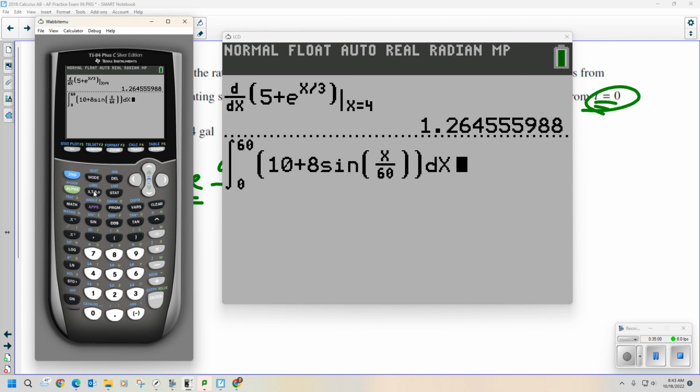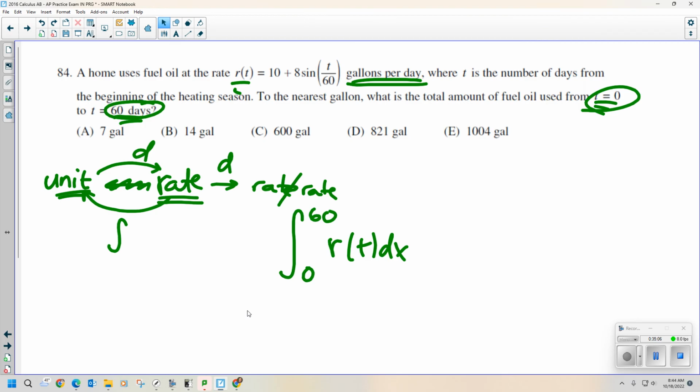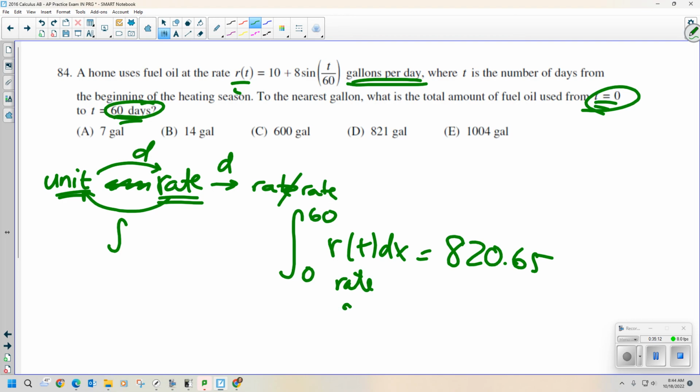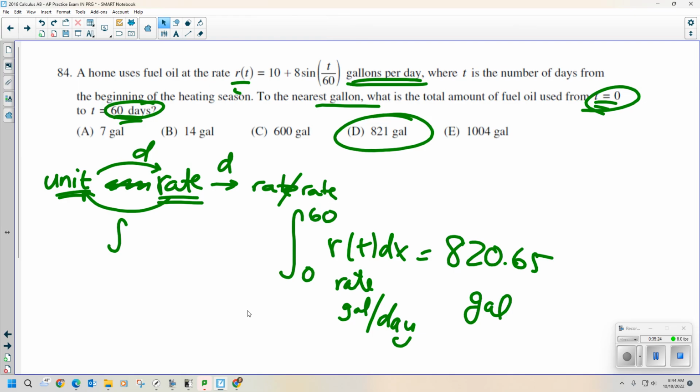I need two closed parentheses. dx. 820.65. This is the rate in gallons per day. And when I integrate it, I get my gallons. So to the nearest gallon, 820.65, the nearest gallon's 821.